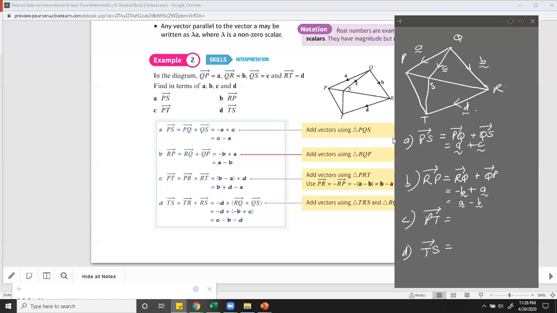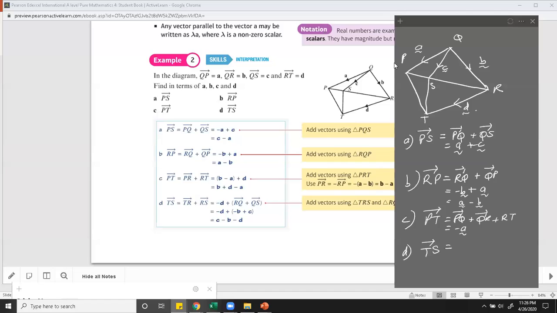Okay, right, P to T. So P to T is P to Q plus Q to R. We can't go directly from P to T. We have no information about how to get there. So we're going P, Q, QR, and RT. So P to Q, watch out for the negatives.